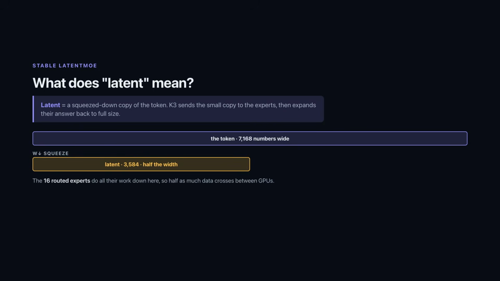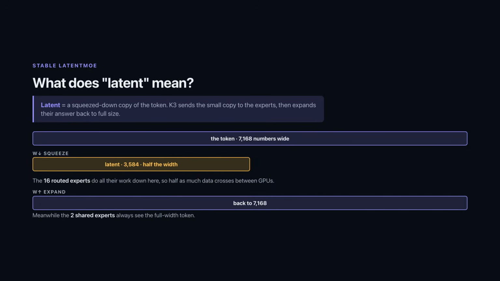The 16 chosen experts do all their work down there. That matters more than it sounds, because with 896 experts spread across dozens of GPUs, the real cost is not the arithmetic. It's moving data between chips. Halving the width halves that traffic. Then the result is projected back up to full width and added in. That is stable latent MoE.